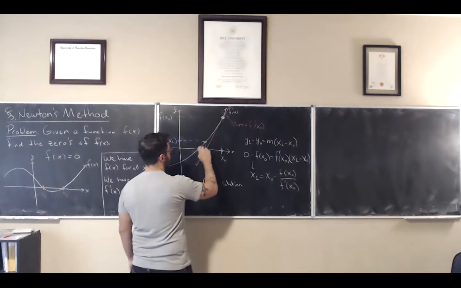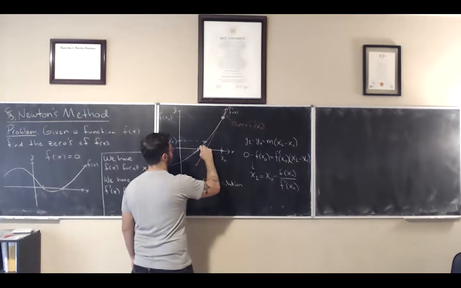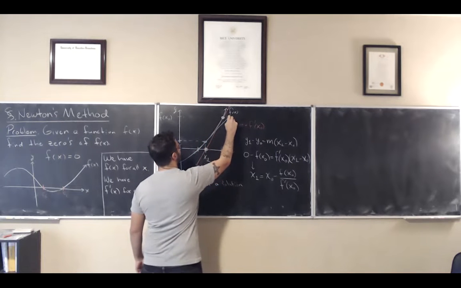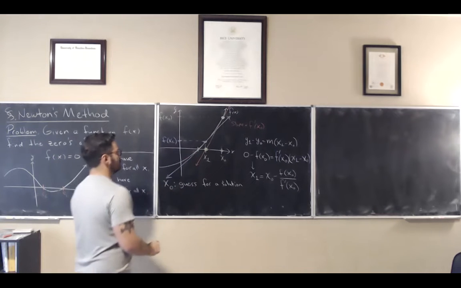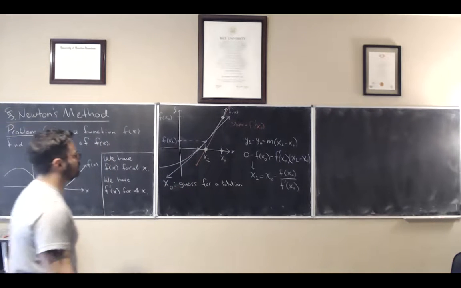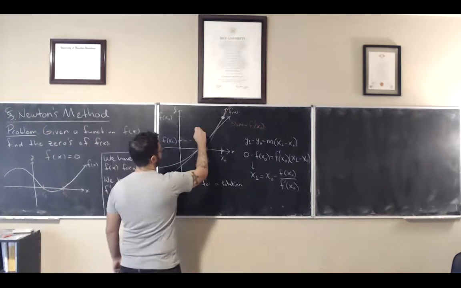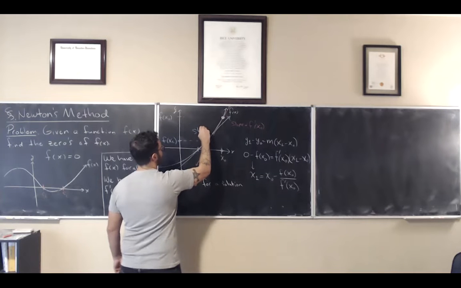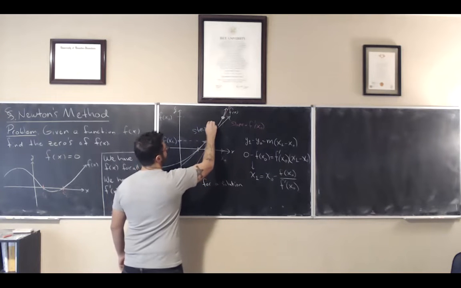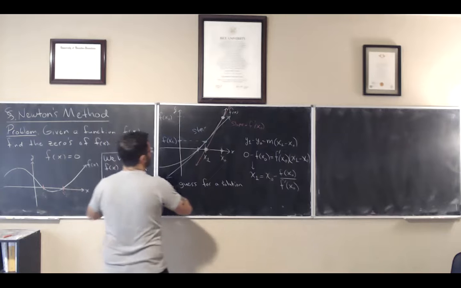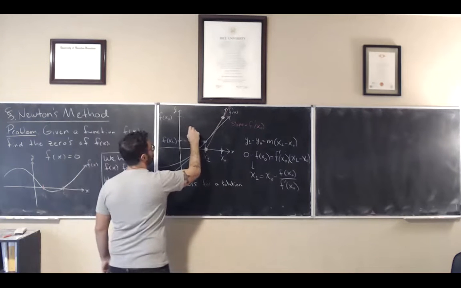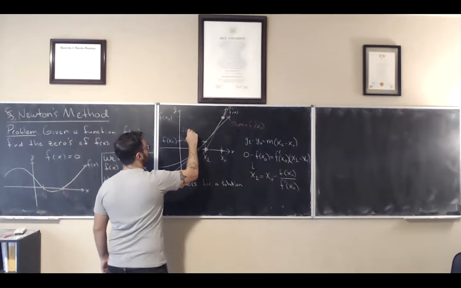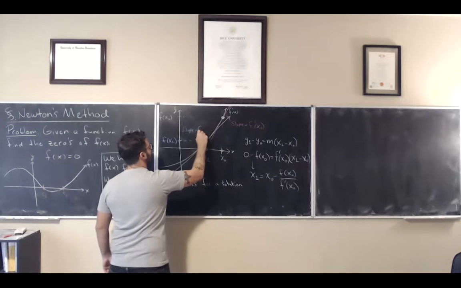And then, if we look at the tangent line, shown in blue, this has slope f prime at x1.